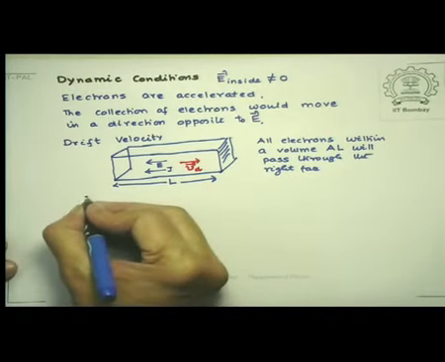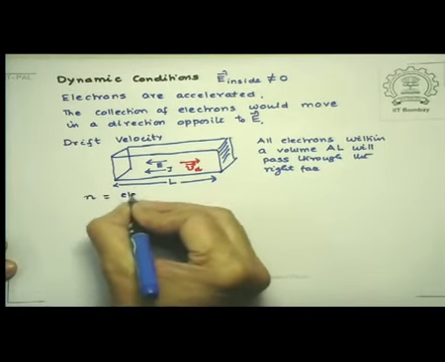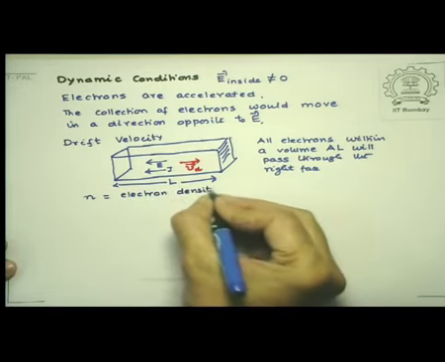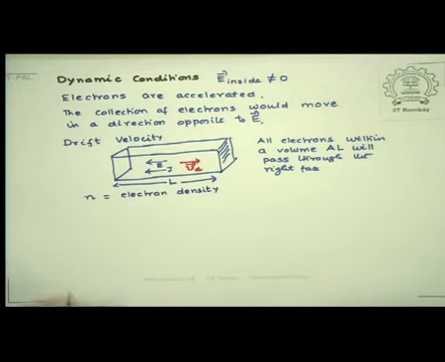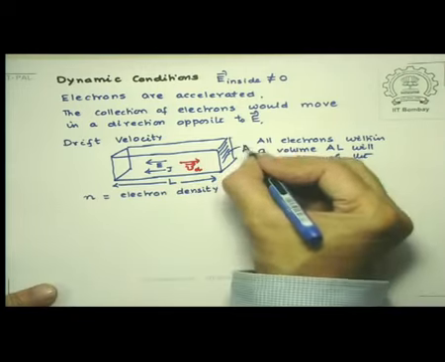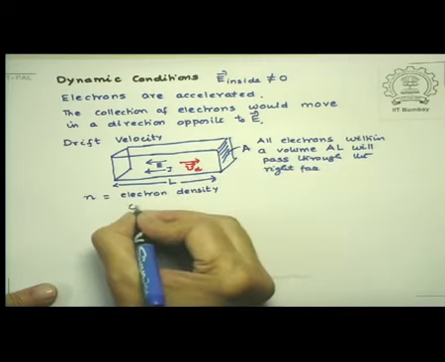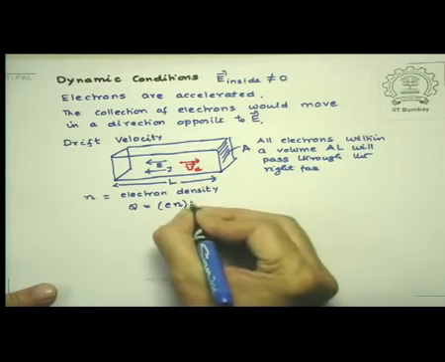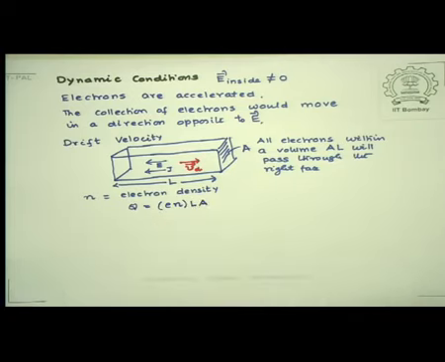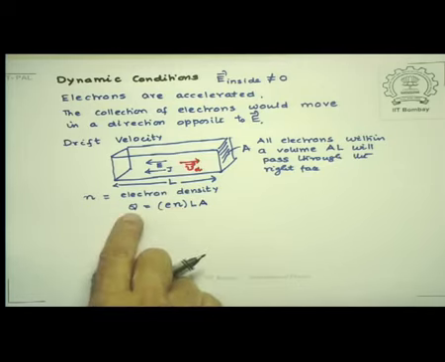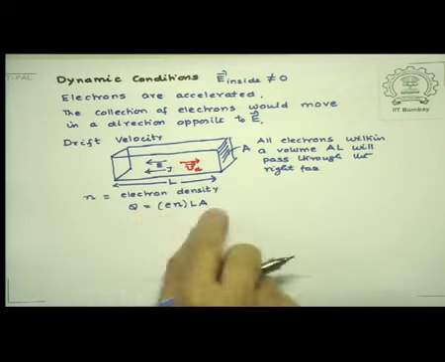Suppose n is my electron density. Then the number of electrons in that volume is obviously n into L into A. And the charge that is contained is e times n into L into A. This being electronic charge, the charge would be negative, but in this case I am talking about the magnitude of the charge.